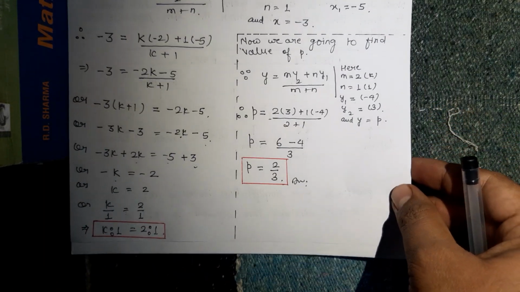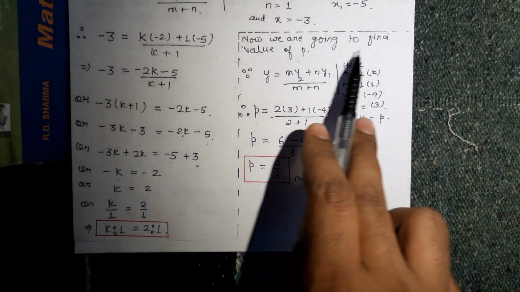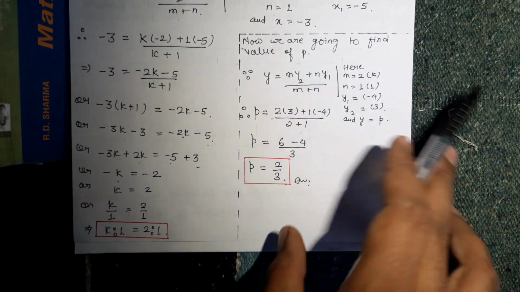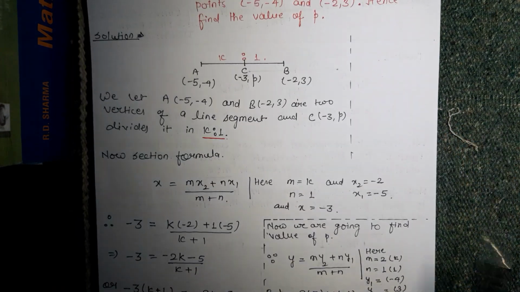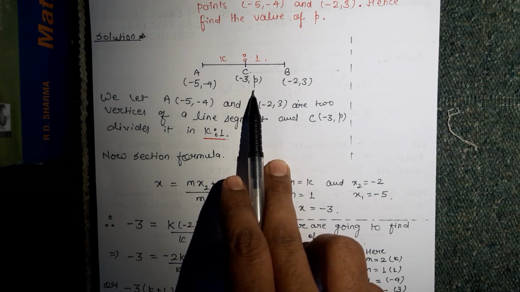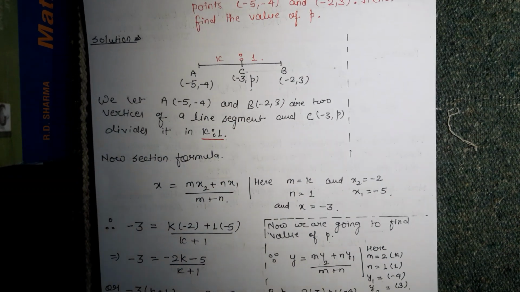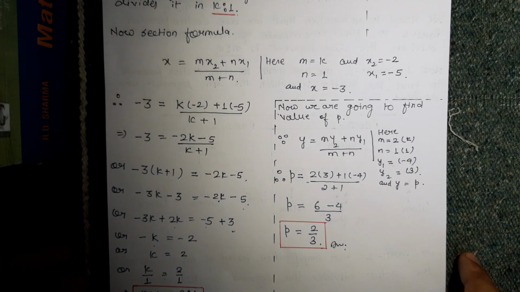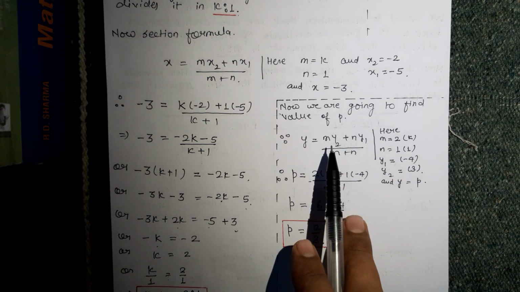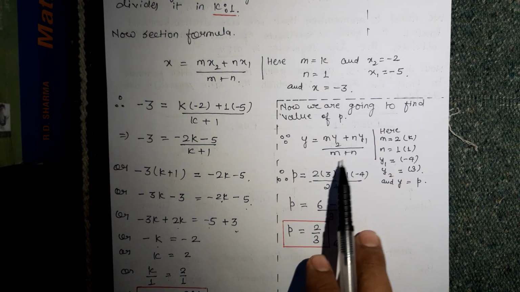Now in the next part of the question, we need to find the value of p. Since in the figure p is the y coordinate, we are going to use the y coordinates. The formula for the y coordinate is y equals (m y2 + n y1) upon (m + n).